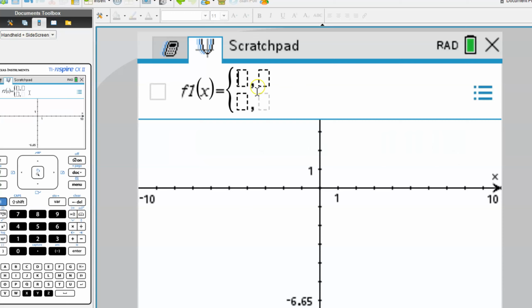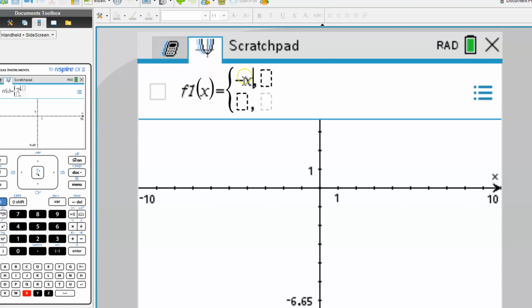What if there's something already on the graph? Then you push delete and you clear it. So tab, and then you click this button and go over. Guess what I'm going to put in this box right here? Negative x plus 2.